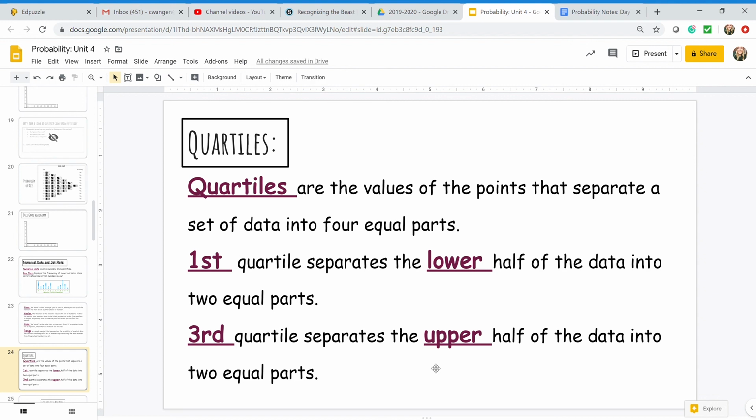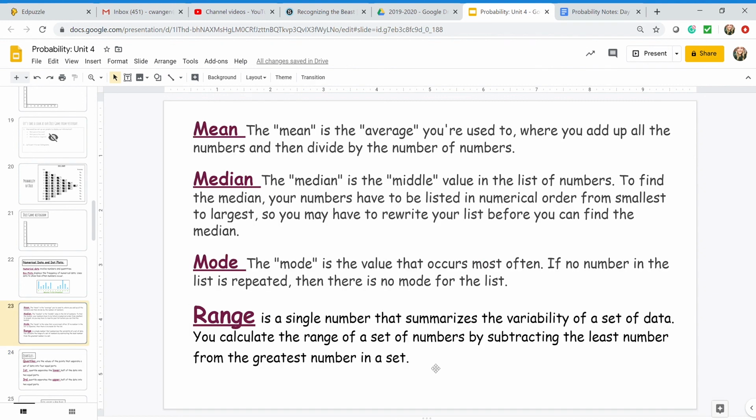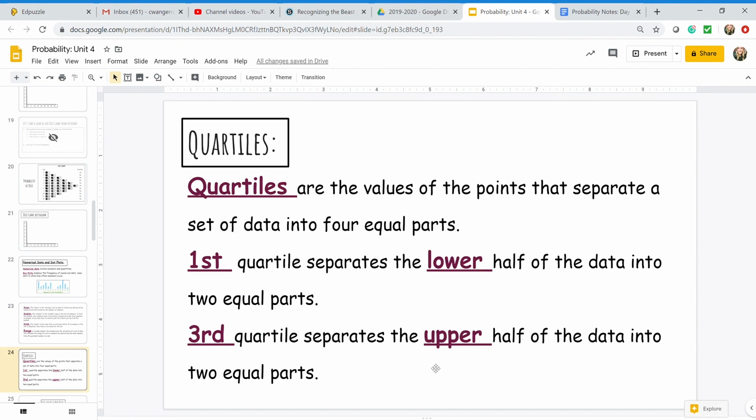So understand that there's a separation. Some people have asked, is there a second quartile? No, because that is actually the middle of the information. When we look back at mean, median, and mode, that's when these terms and numbers will come into play. So you only have to remember quartiles, what they are, first and third.